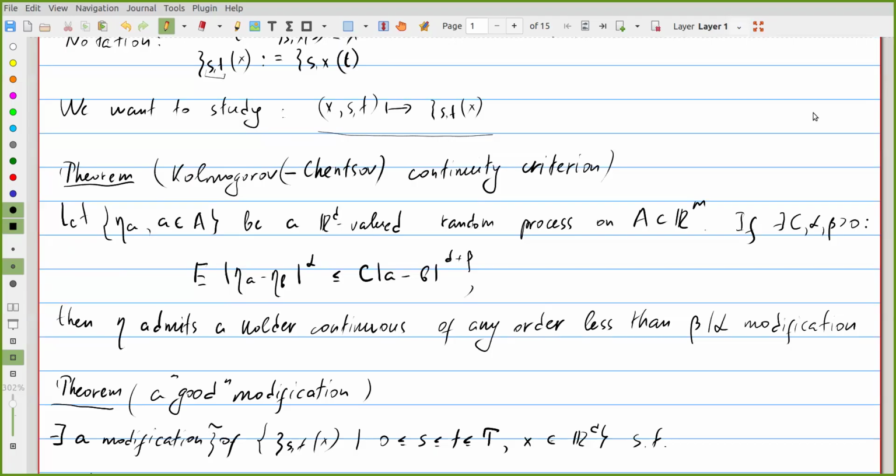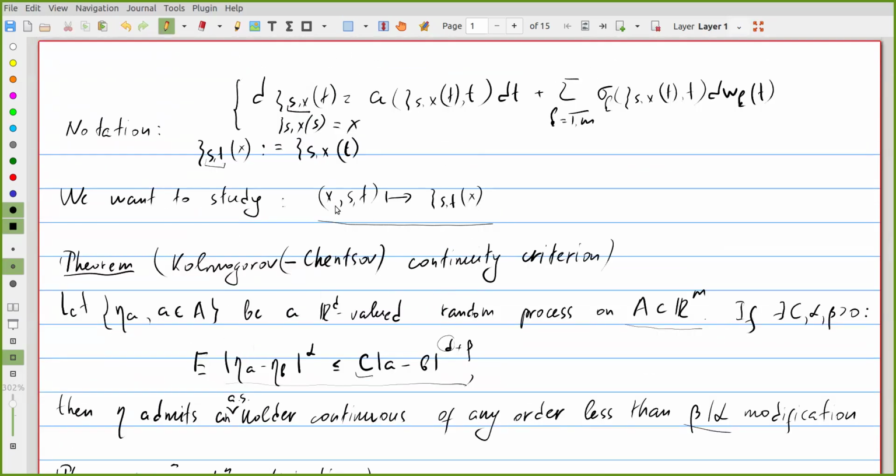If we have an R^d-valued random process with some parametric set A, which is a subset of a good metric space, just R^m in our case, and we can find three positive constants such that this holds, where d is the dimension our process lives in, then eta admits a Hölder continuous modification of any order less than this ratio, almost surely. So this probability value, as a function, is continuous.